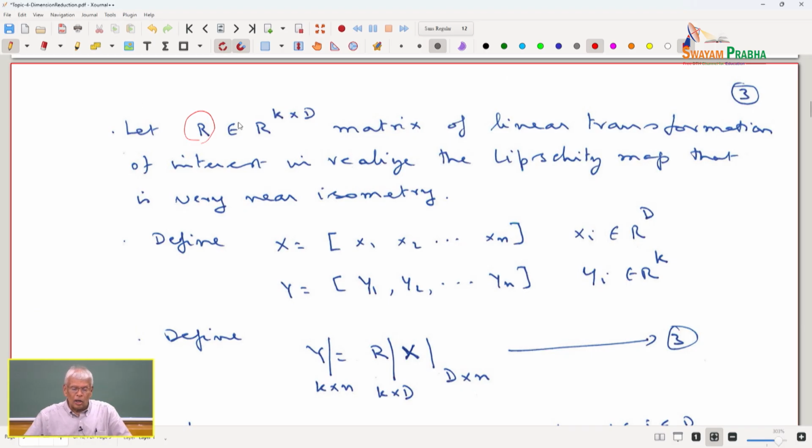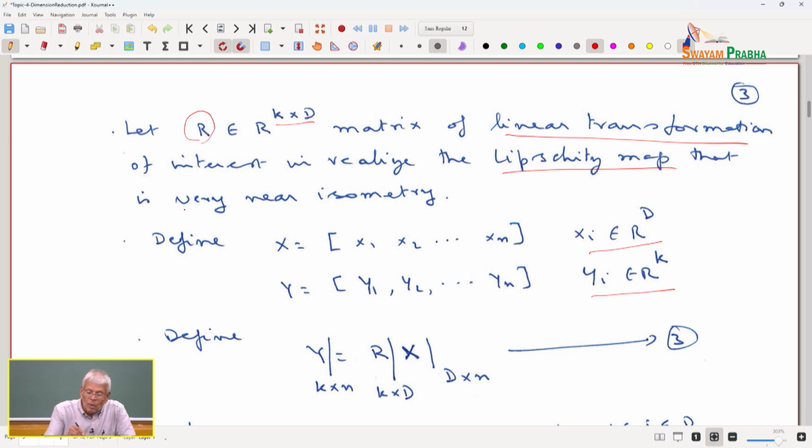So let capital R be a matrix of size K by D. That's a linear transformation. This linear transformation maps R^D to R^K. And this must be realized as a Lipschitz map.